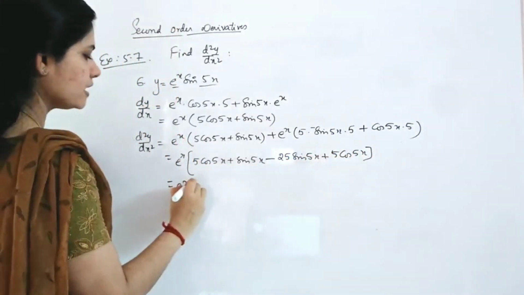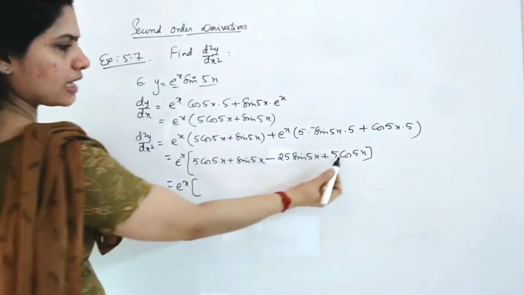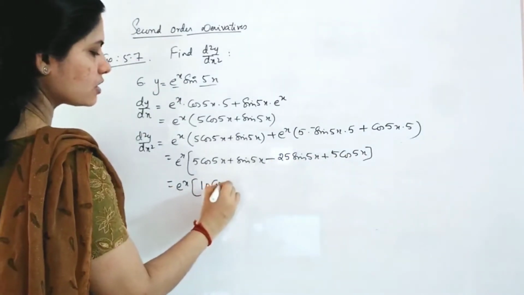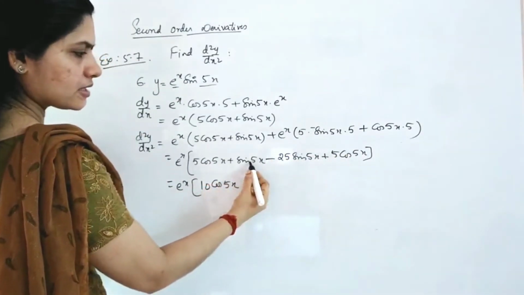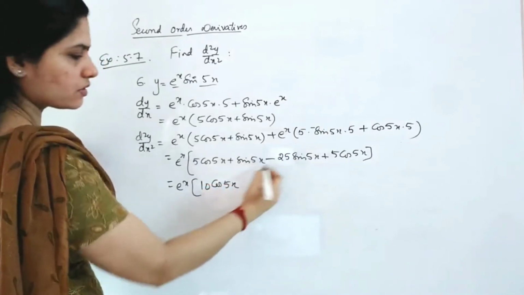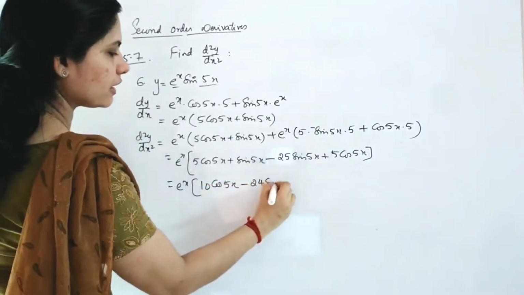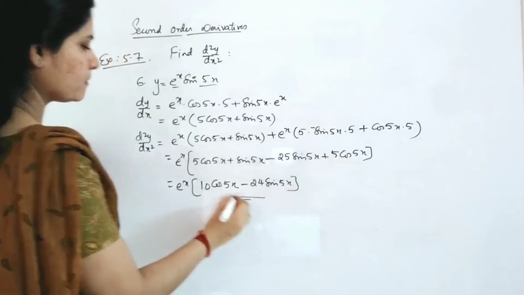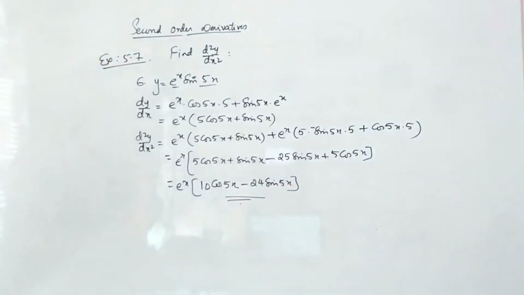So e raised to x into 5 cos 5x, 5 cos 5x will give you 10 cos 5x. This is 1 sine 5x, this is 25. So you get minus 24 sine 5x. So this is your last answer. Okay.